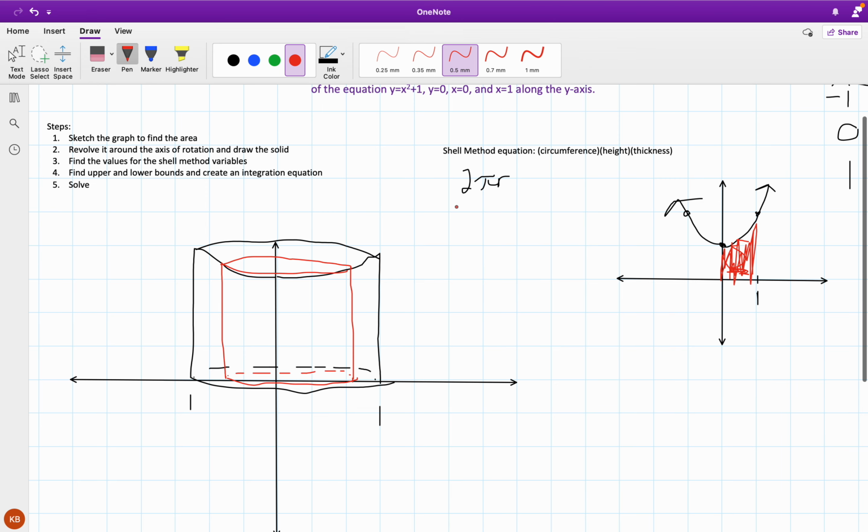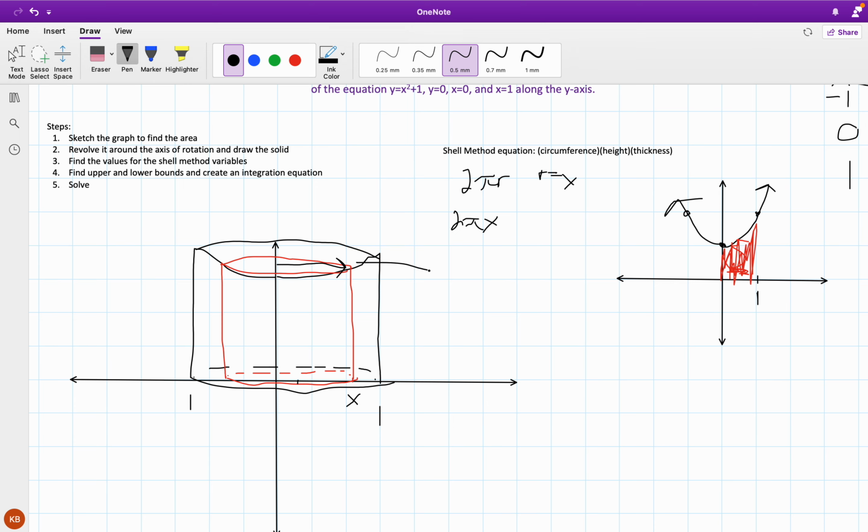And since the circumference is 2 pi r, we need to find the radius. So this is the radius of the equation. And when looking closely at this, we see that no matter where the figure would be, like if it was here or here, it's always going to equal the x value, which means that r equals x. So the circumference is 2 pi x. And now we're going to find the height.